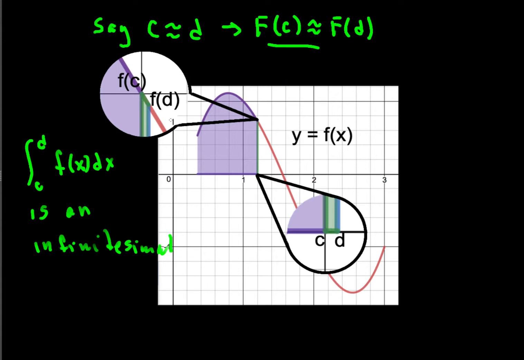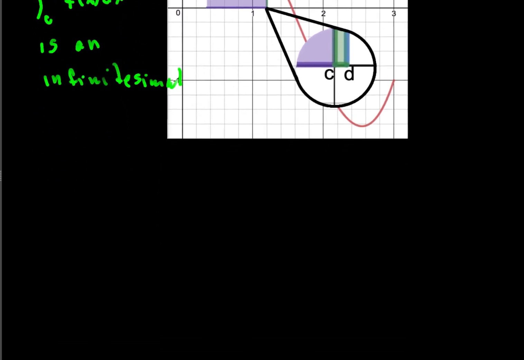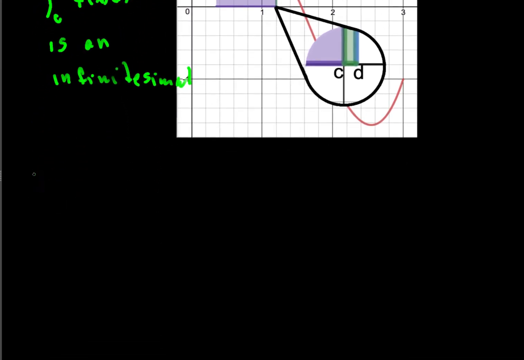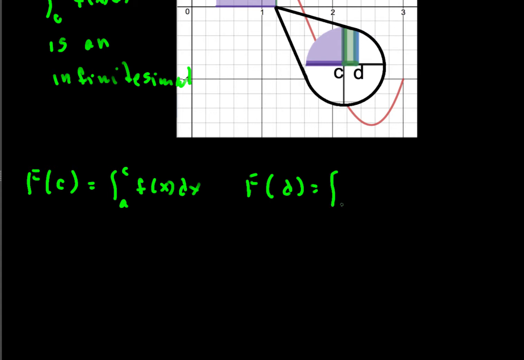Well, now coming back to big F of c and big F of d: big F of c is the integral from a to c of f of x dx, and big F of d is the integral from a to d of f of x dx.